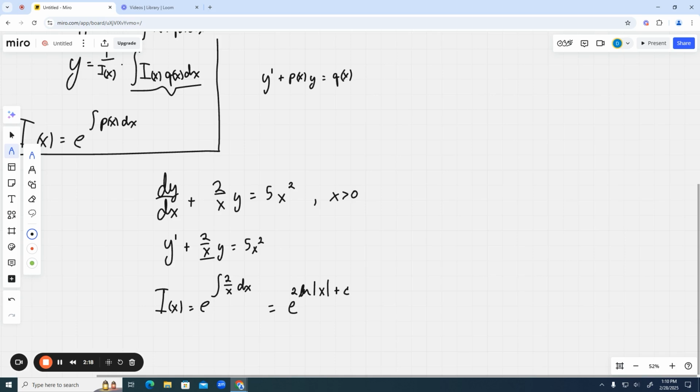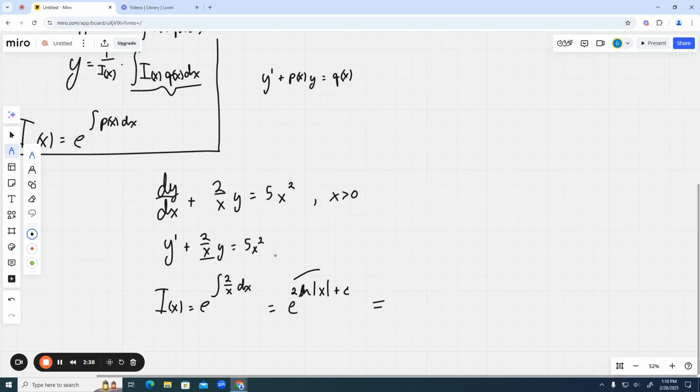Now, a couple of things before we go on. First off, if you'll notice the plus c here, we're choosing almost an arbitrary I of x. So I'm just going to choose I of x when c is 0, because that makes my life a lot easier.